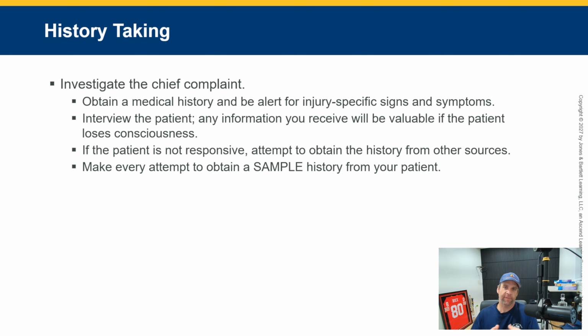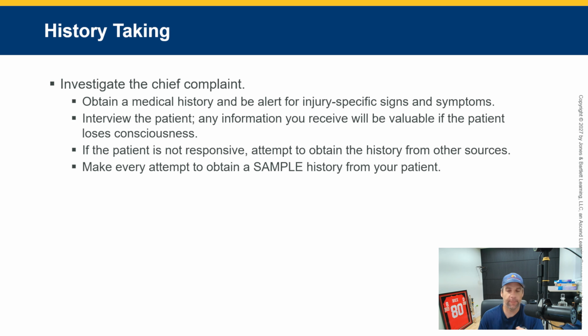Now, once immediate life threats are controlled, this is when we're going to gather the history while the patient can actually still communicate with us. So you really want to begin with the event itself. What happened? Where does it hurt? Did the head strike anything? Was there any loss of consciousness? Was there any pain in the head, the neck, the back? Right. Ask whether the patient actually can feel and move their hands, their feet.